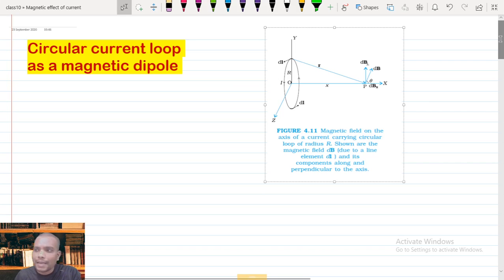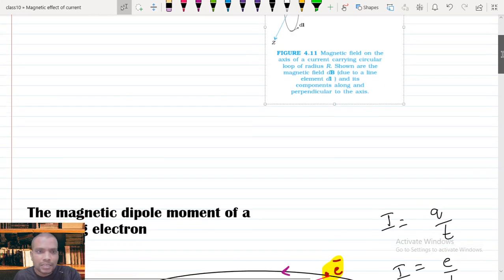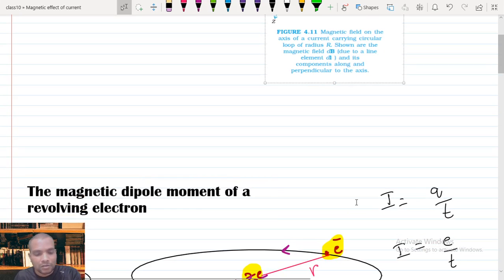Similarly, we also studied the magnetic dipole moment for a revolving electron. So try to read NCERT carefully, and note that the direction of the magnetic dipole moment is exactly opposite to the direction of the orbital angular momentum of the revolving electron. Just try to clear these things carefully.